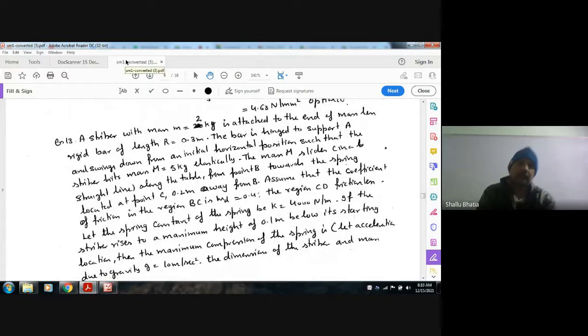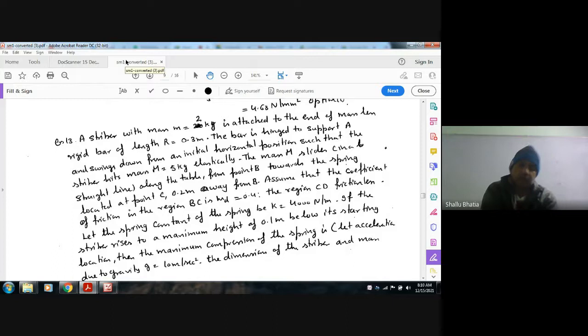A striker with mass m of 2 kg is attached to the end of a massless rigid bar of length r, 0.3 meter. The bar is held at support A and swings down from an initial horizontal position such that the striker hits mass M of 5 kg elastically.